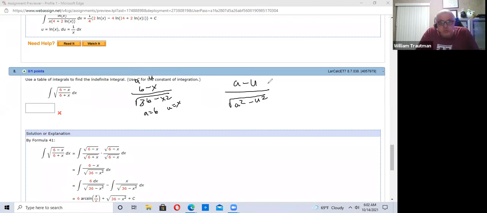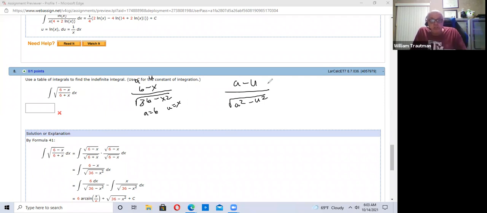And if we go to our formula sheet and look for that square root of a squared minus u squared, if you look right above formula 37, it says forms involving the square root of a squared minus u squared. Right above the formula 37 tells you, oh, this is the area for a squared minus u squared in a square root.